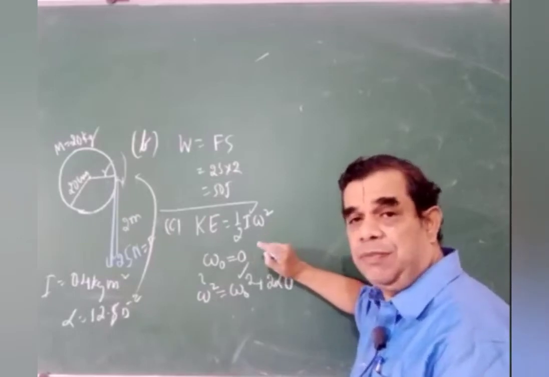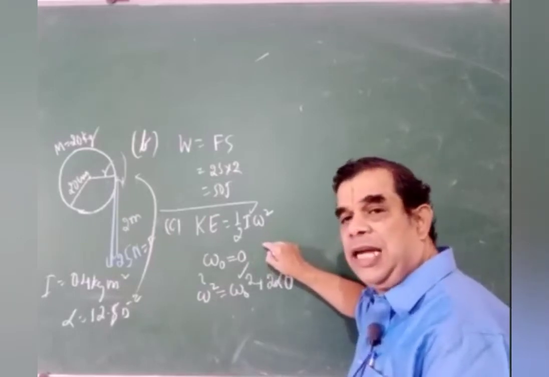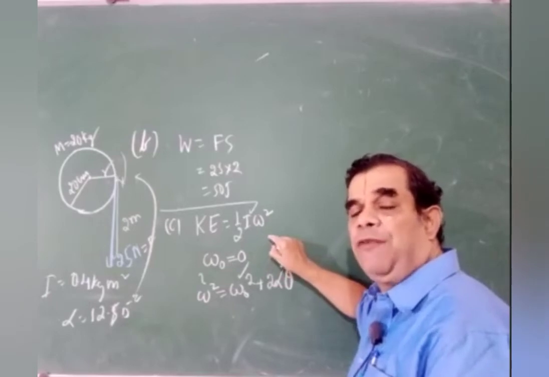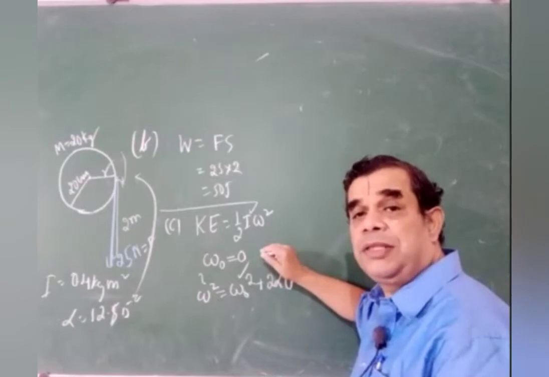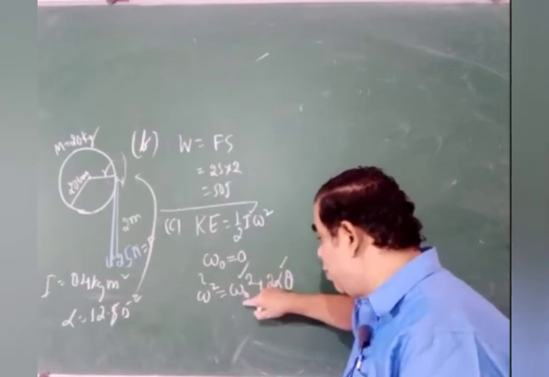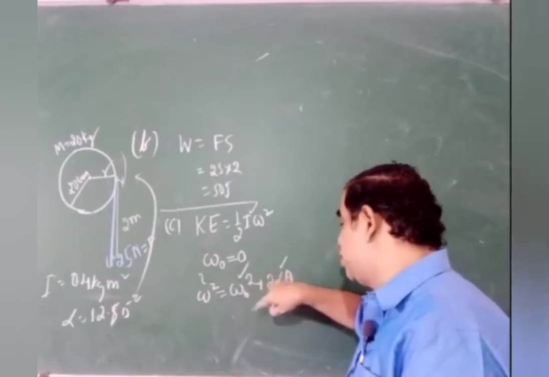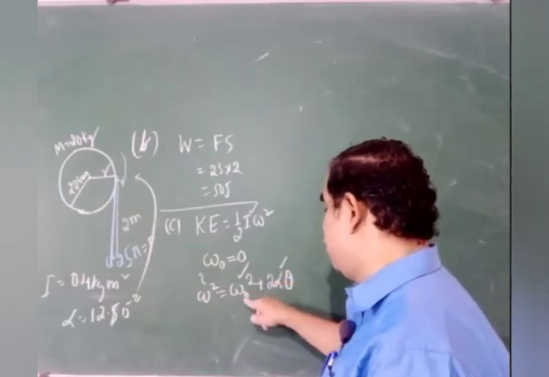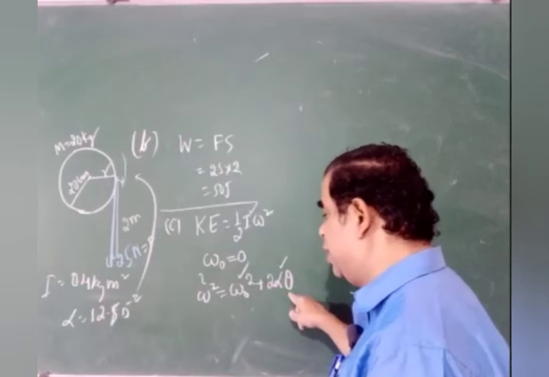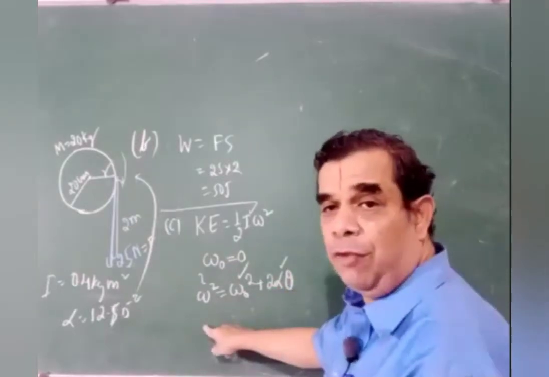Therefore, the first equation is impossible. Second equation, theta equals omega naught t plus half alpha t square: there are two unknowns, t and theta, so that's also not possible. And again, the third equation, omega square equals omega naught square plus 2 alpha theta. Here observe, we know alpha, we know omega naught. Only one unknown, theta. If you find theta, you can calculate omega.